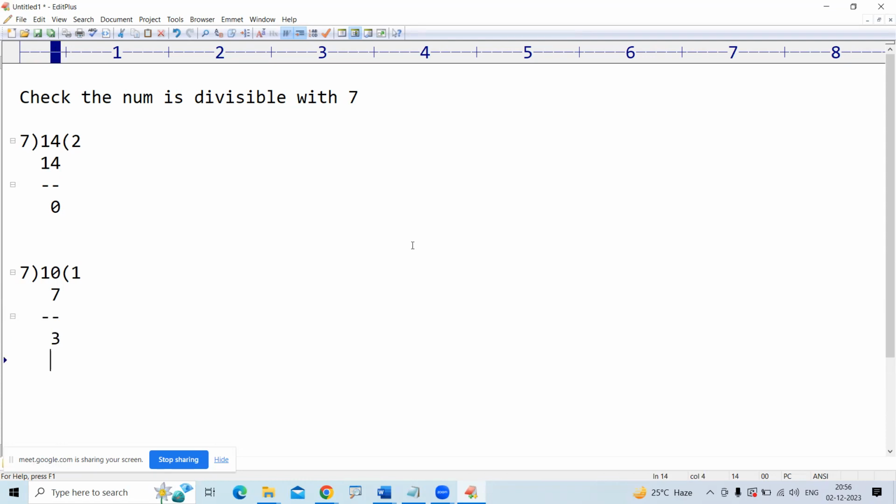Now what do we need to understand based on this? A very simple point is that here we need to consider the remainder. If the remainder is 0, if nothing is left, yes, it is divisible.